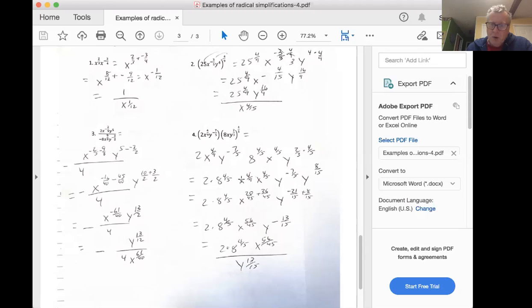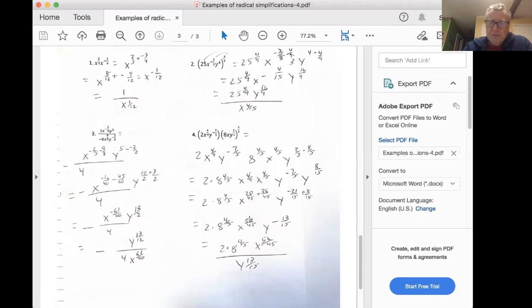We'll group the base of x's rather together, x to the 4/9 times x to the 4/5. Finding the common denominator between those two and adding, we get 20/45 plus 36/45, which gives us 56/45. So you end up with an x to the 56/45 power.